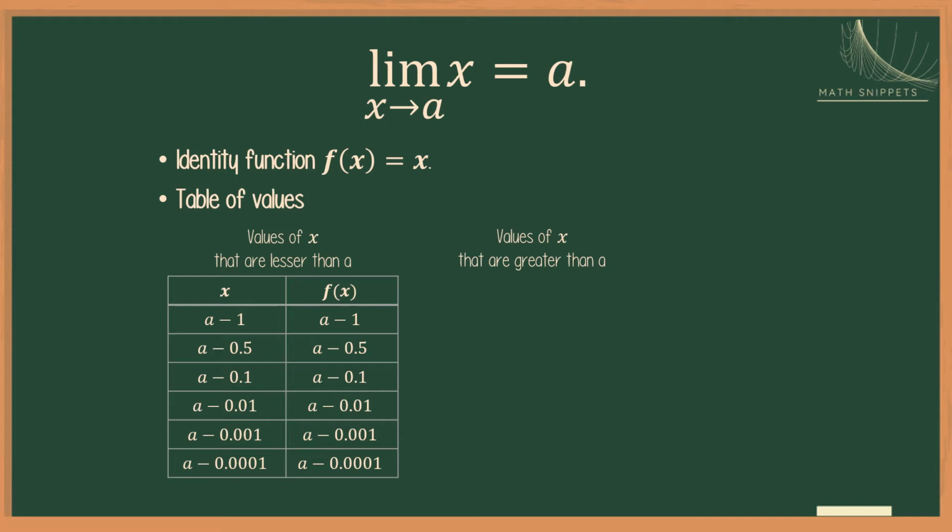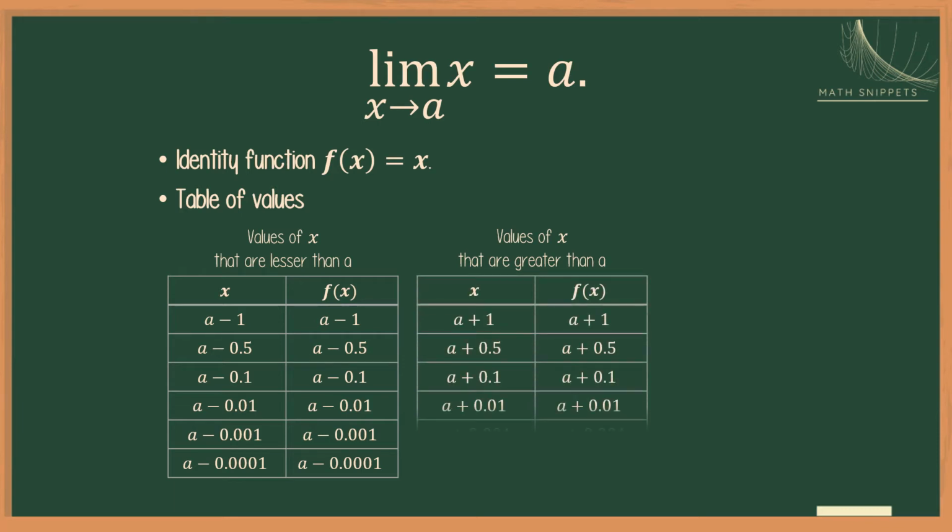Then it follows that the values of our y are also approaching a. On the other hand, on the right hand side, as we decrease the values of our x from a plus 1 up to a plus 0.001, the values of our y are also approaching a.